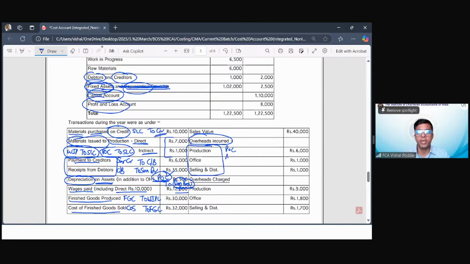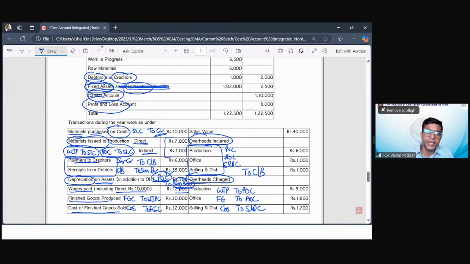So POC debit, AOC debit, SNDC debit to cash or bank. So the credit will go to cash bank. That is the only difference. Overheads charged, it will remain same. WIP to POC, FG to AOC, COS to SNDC.